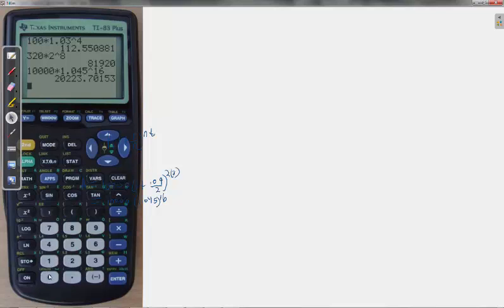So 10,000 times 1.045 to the 16th is 20,223 and 70 cents. Usually rounded off at hundredths because that's where our money system rounds off. So 20,223.70. And we're good.